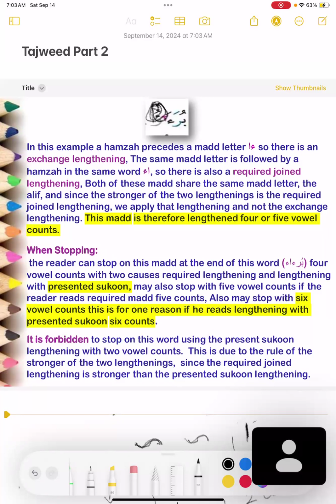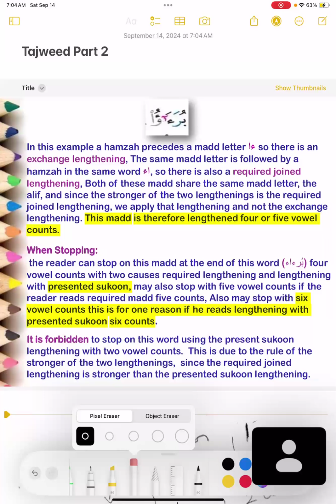A mad letter followed by a hamza in a word is mad wajib muttasil. So you have now 2 mads here. Let me erase it again so that you can see it clearly. You have mad badal and you have also mad wajib muttasil. And you know mad wajib muttasil takes precedence over mad badal, right?